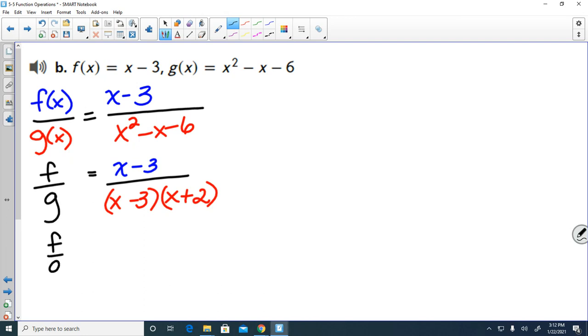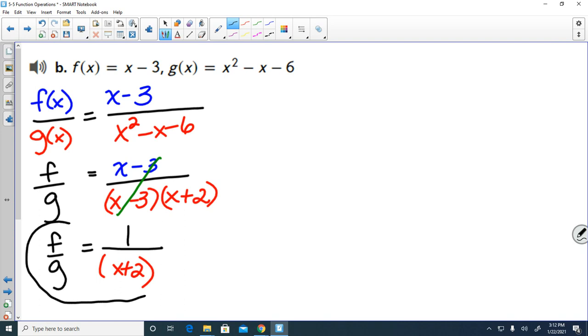F divided by g equals, all right, the x minus 3's do divide out. And I'm left with an x plus 2 in the denominator. And then there's nothing left in the numerator, but remember, x minus 3 divided by x minus 3 is 1. So I still need a 1 up there. So f divided by g is 1 over x plus 2.